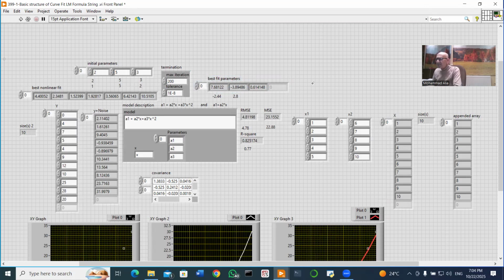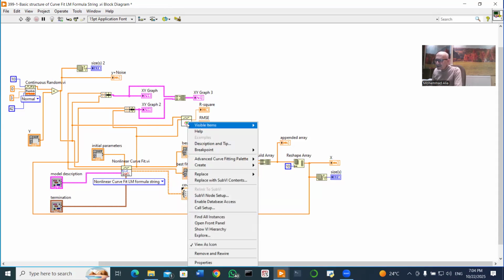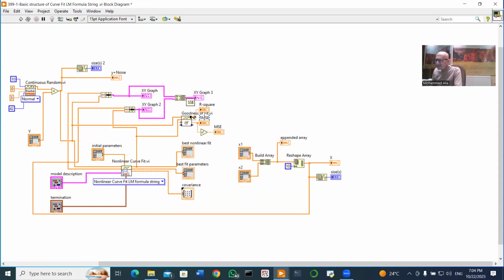And we can be sure, are they acceptable or not? Of course, we have to go back here and make use of the goodness of fit function, to which degree this function works well.